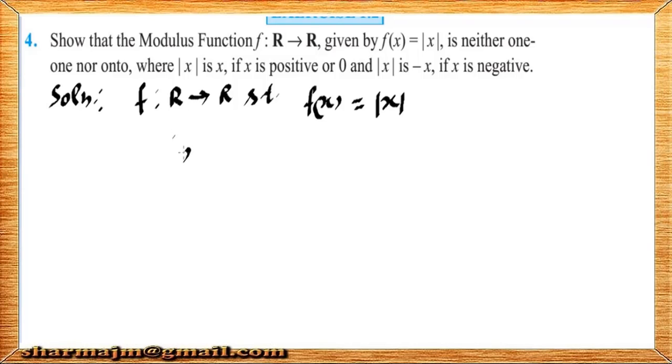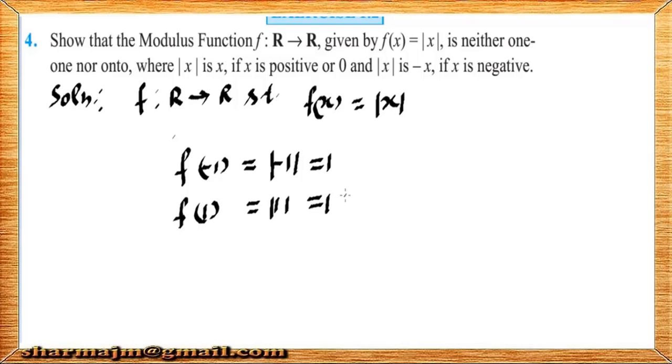So here if you have f of minus 1, that will be minus 1 mod, which is 1, and if you take f of 1, that will be 1 mod, that is also 1. So this function, therefore f is not 1 1. It is not 1 1 function.